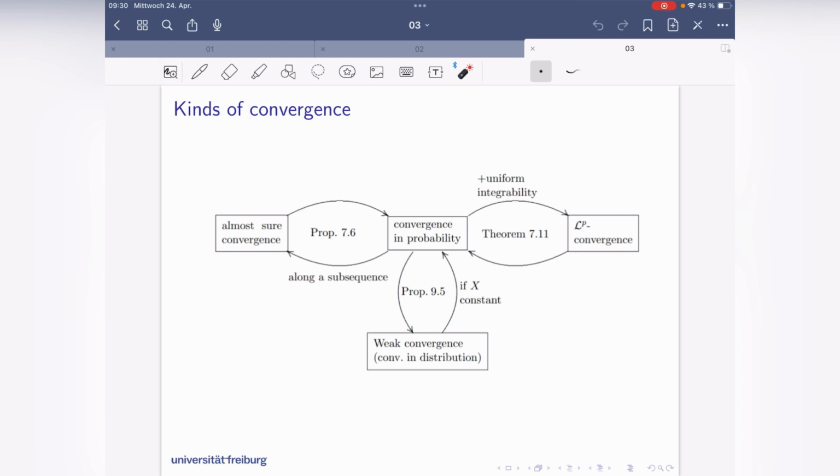And similarly here, if you have LP convergence, then it follows convergence in probability, but almost sure convergence and LP convergence are not really ordered. You cannot conclude LP convergence from almost sure convergence, and also not the other way around.